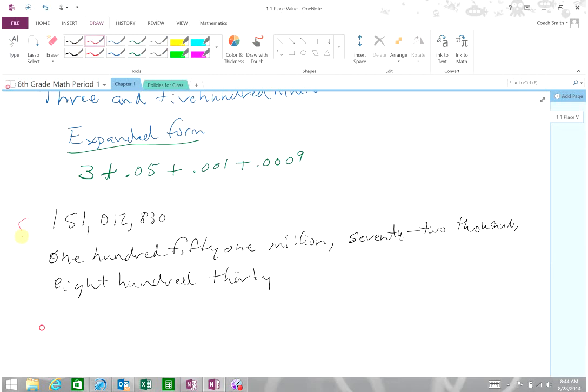This is actually number 8 from your homework tonight. So that's in word form: 151 million, comma, 72,000. You will notice that my commas here correspond with the commas here. You will also notice that there is a hyphen between the 70 and the 2.